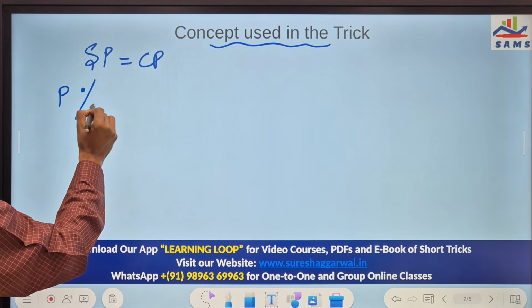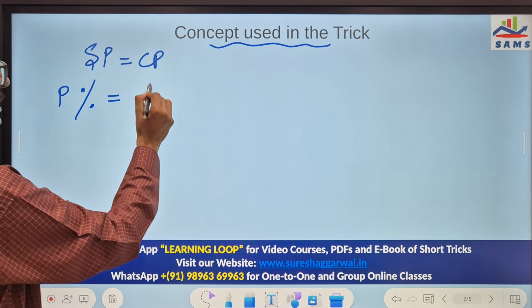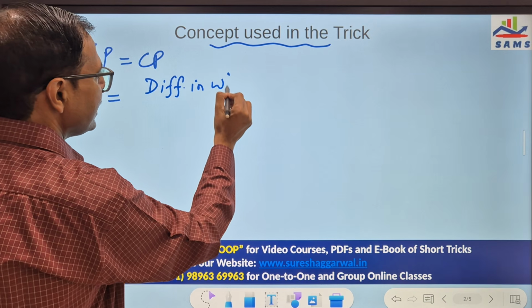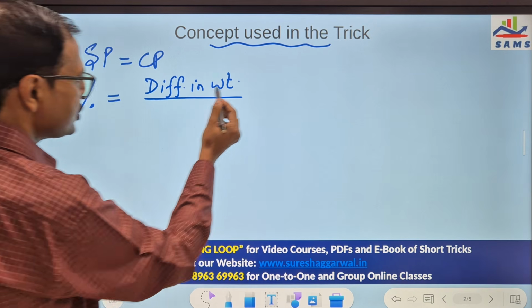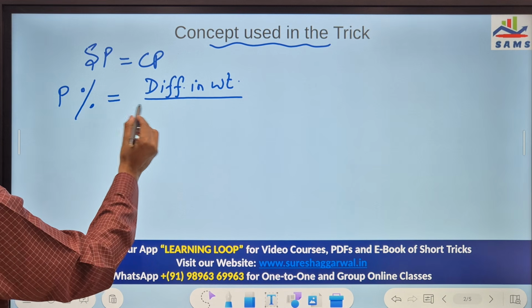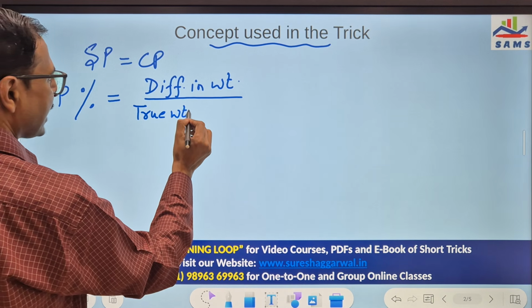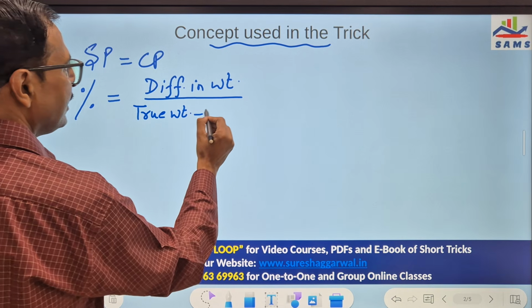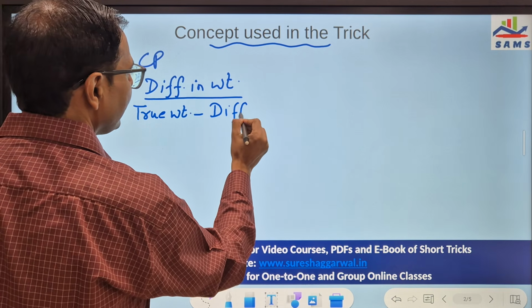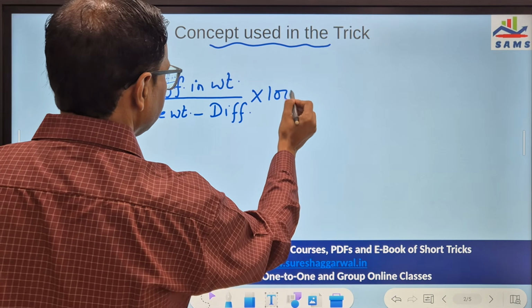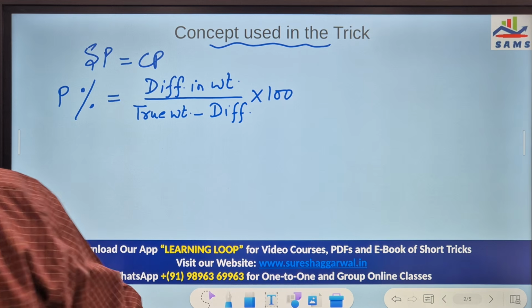So the profit percent can be calculated using, first of all, the difference in weight, that means how much less is the weight as compared to the original weight, and then dividing that by the true weight, that means the actual weight minus the difference in the weight, and then multiplying this by 100 to get the profit percent.